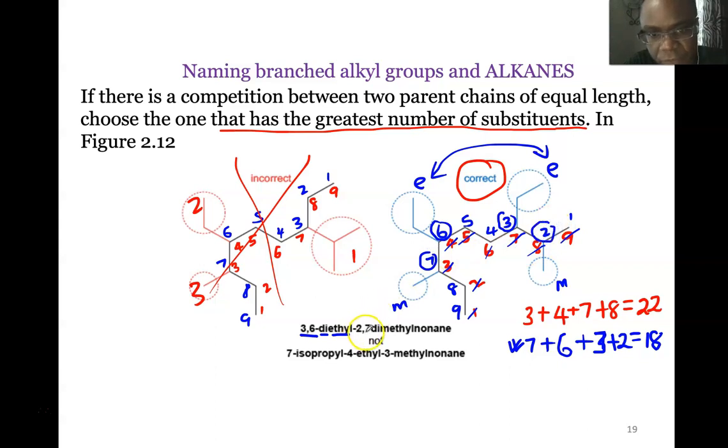So we write 2, 7, and then hyphen, then dimethyl because there are 2 methyls, and then nonane because there are 9 carbons. So again, just to repeat, this rule emphasizes that whenever you have a problem of identifying which is the right numbering system, go with the one that maximizes substituents. So instead of going this way, we went this way.